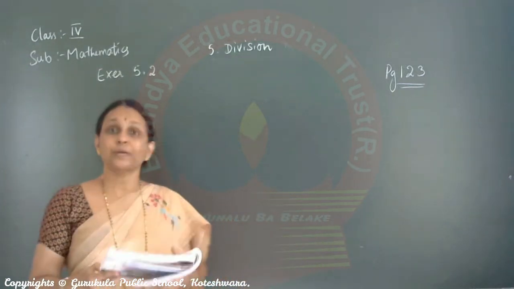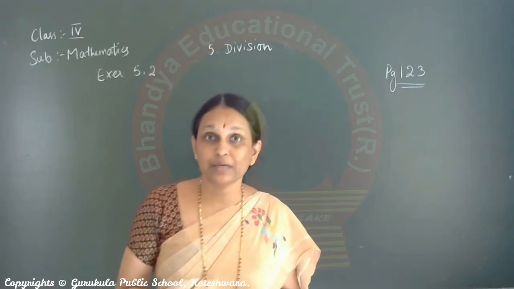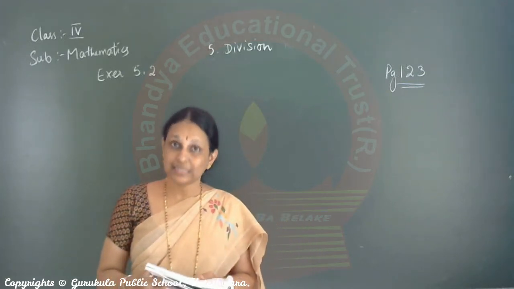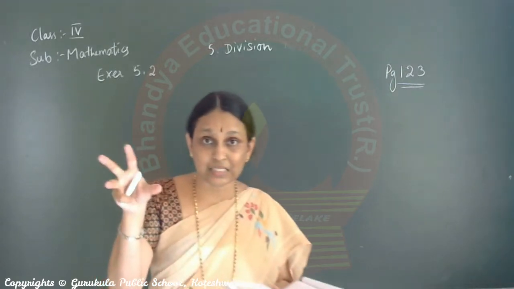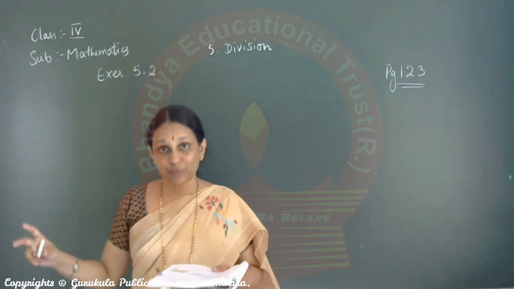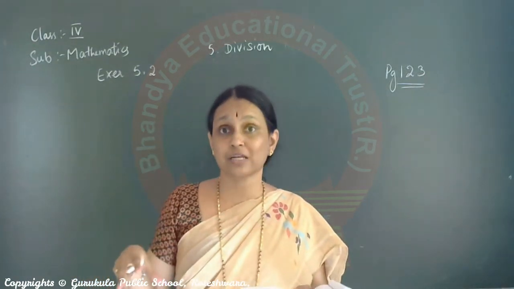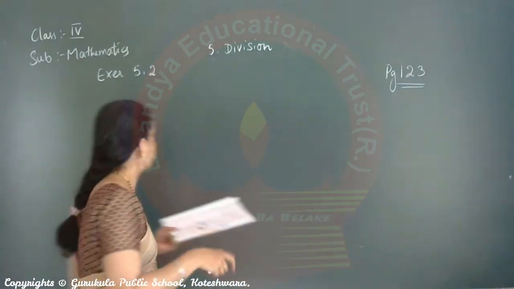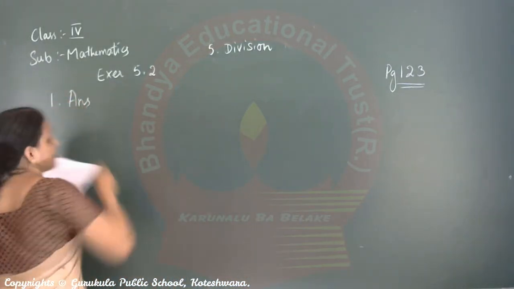Now, what is to be done here? Tell me what is to be done? Yes, you have to find out how many buses. So, if many is given, you have to find how many are required. Many students are there. How many buses are required? For that, what you have to do? Yes, it is division.